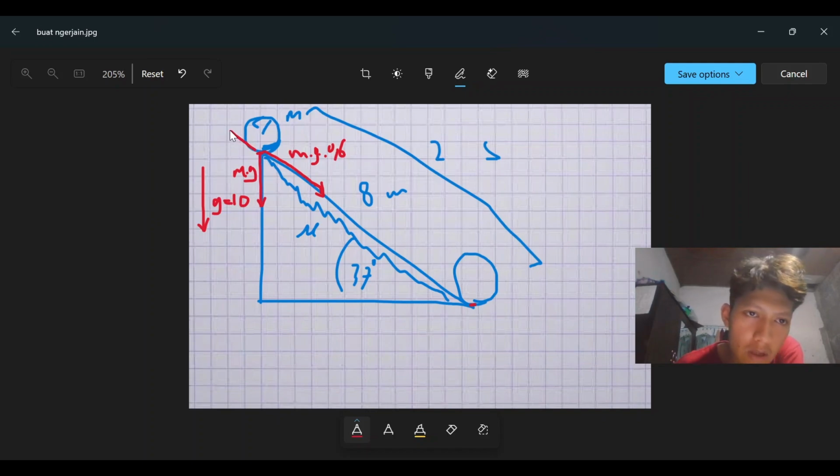There is a friction force F. How can we determine F? F is mu times N. N is the perpendicular force, mg cos, that is in here. That's the definition, but we're not going to use that, so we'll erase that. We can draw it though.